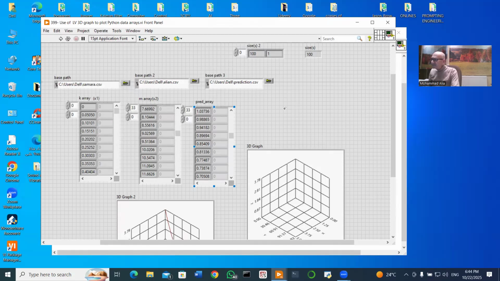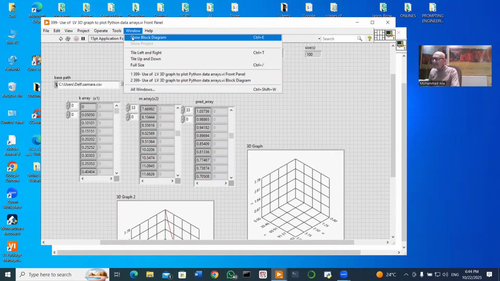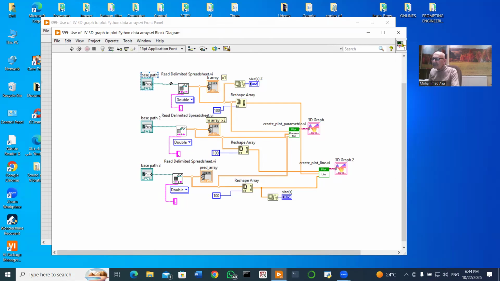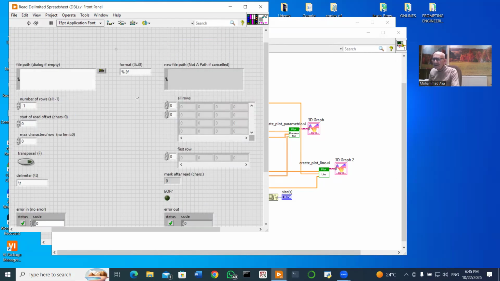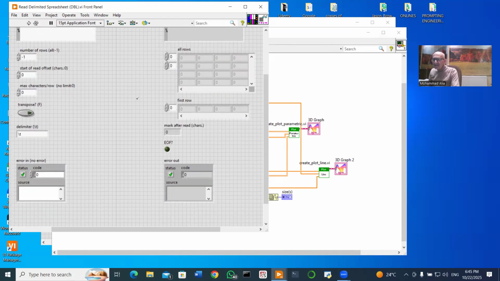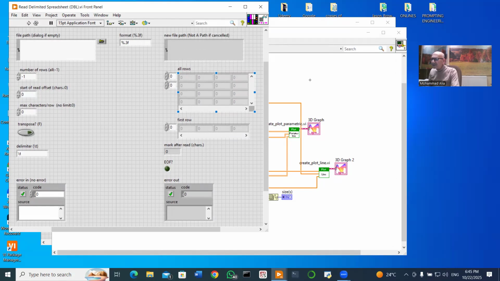Now I want to make use of them by reading them with the Read Delimited Spreadsheet VI. Here it is configured to read double precision values, so this color is yellow, and the output, as you see, is a two-dimensional array. It is not read yet.